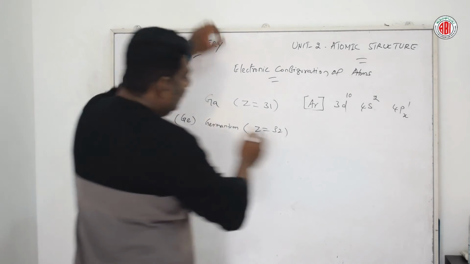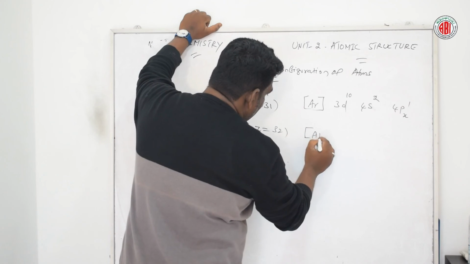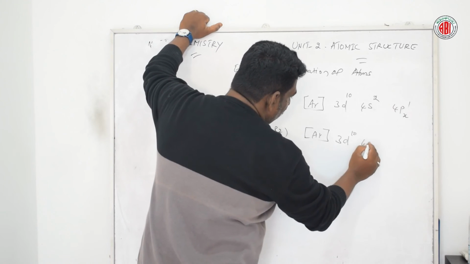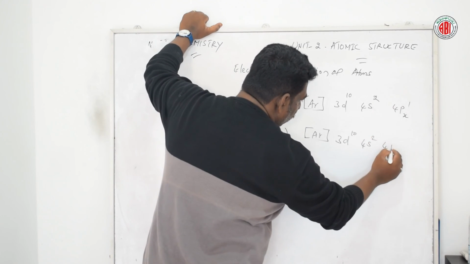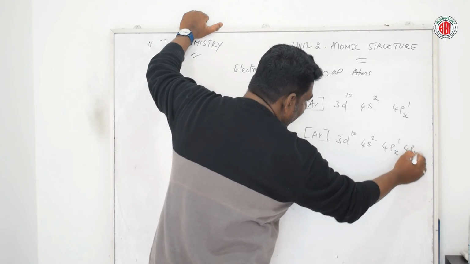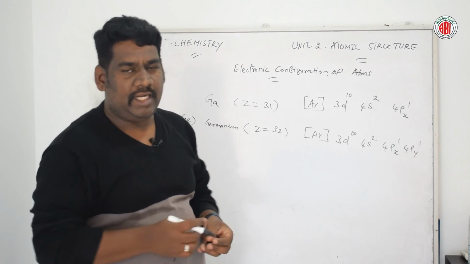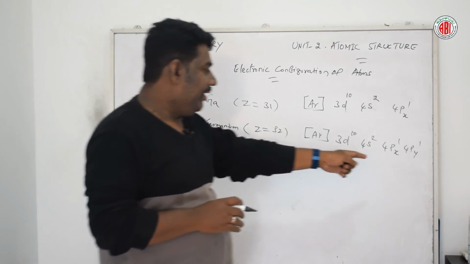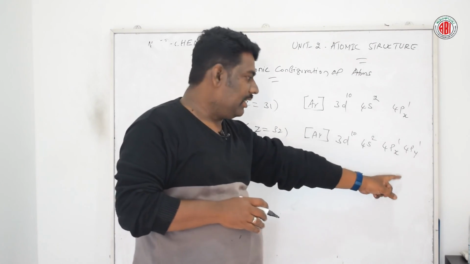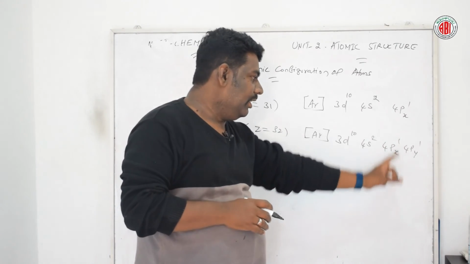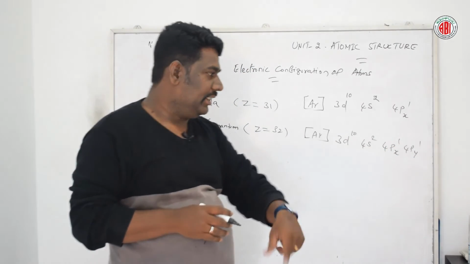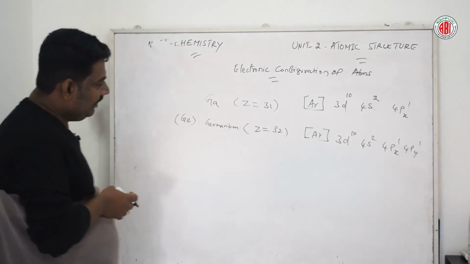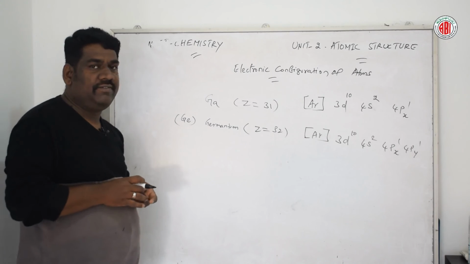Okay, first let us write argon, Ar, 18 electrons are over, 3d10, 10 electrons are filled, 4s2, 2 electrons are filled, 4px1, 4py1. In that manner only we can share these electrons, because already we know that in the p orbital 3 subcells are there, px, py and pz. So that should be equally shared initially, and only after that should it be totally filled. In that way we can write the electronic configuration of germanium.